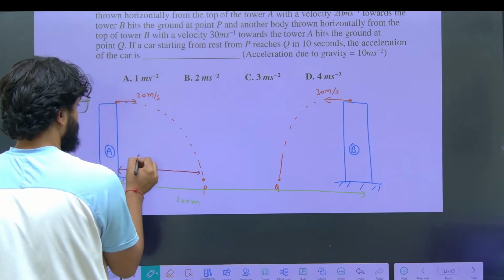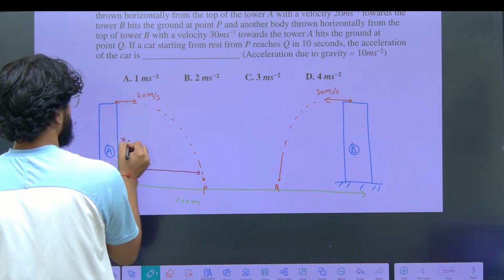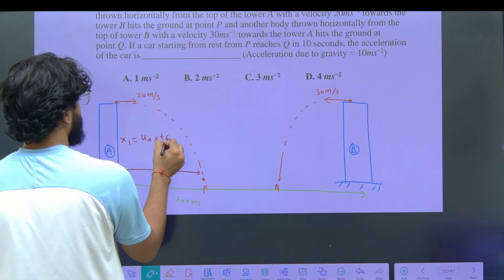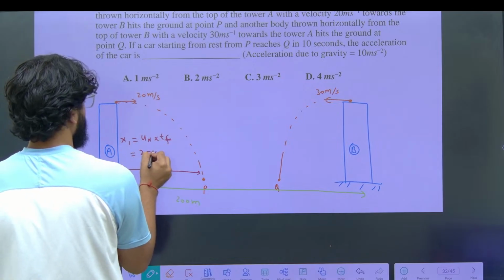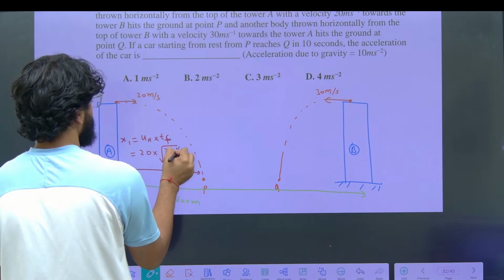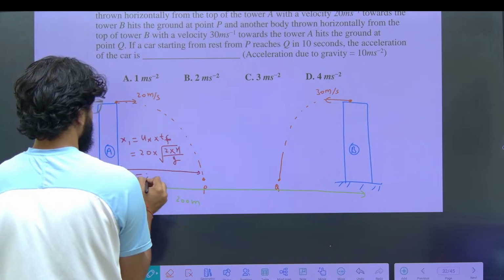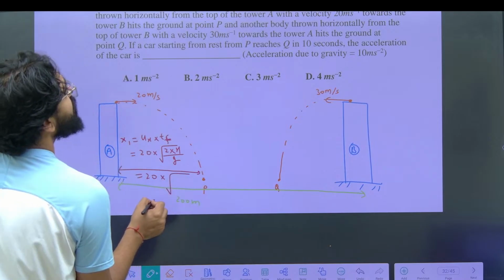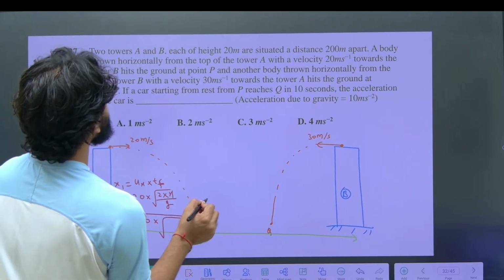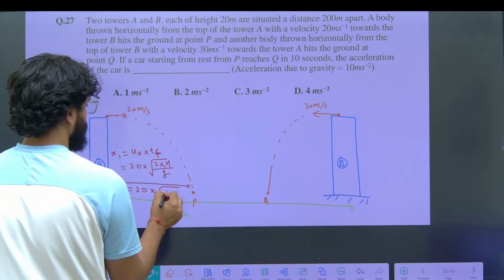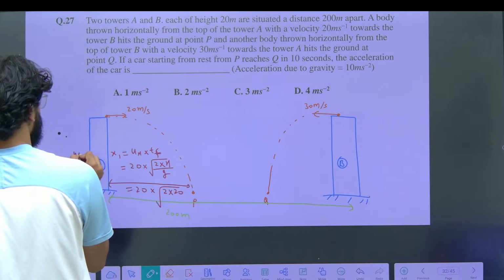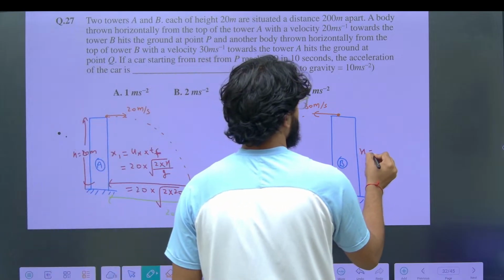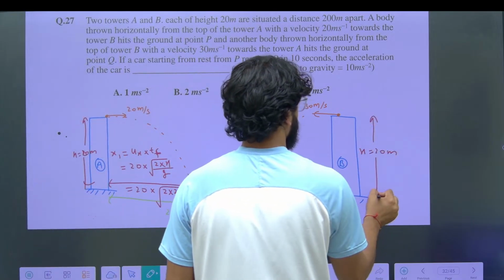Let's say x1, which is ux into time of flight. Okay, so ux is 20, time of flight is under root 2h by g, which will be 20 into under root 2h. How high is the tower? 20 meters.